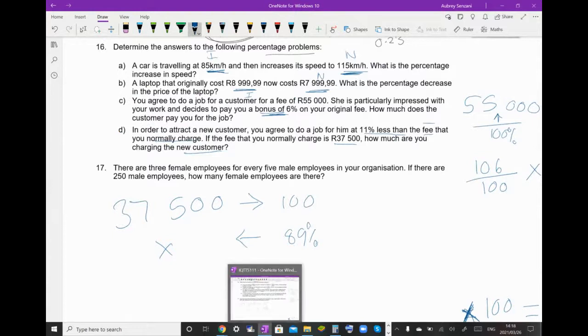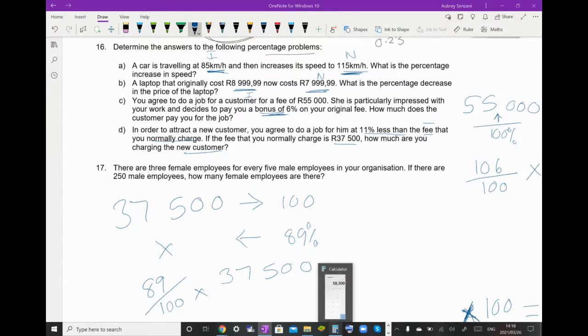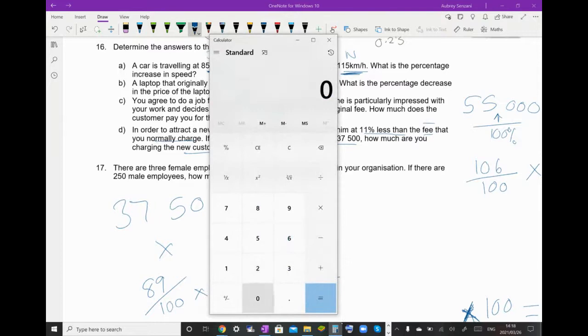So minus 11% will obviously take us to 89%. That's what we want to find out. What we want is the 89%, but what we have is the 100%, which is this 37,500. Let's punch that into the calculator real quick. It's the same as saying 0.89 times 37,500. And voila.